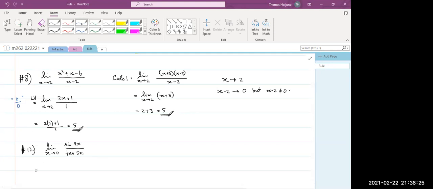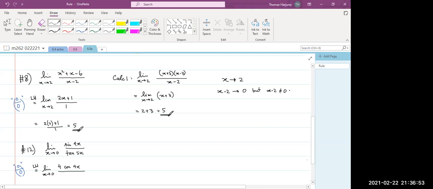When I plug in x equals 0, I get sine 0, that's 0 on the top, and tangent 0, that's 0 at the bottom. So that's the 0 over 0 case again. Therefore, I apply L'Hopital rule. This equals the limit x approaching 0 of 4 cosine 4x. The derivative of sine 4x is cosine 4x times 4.